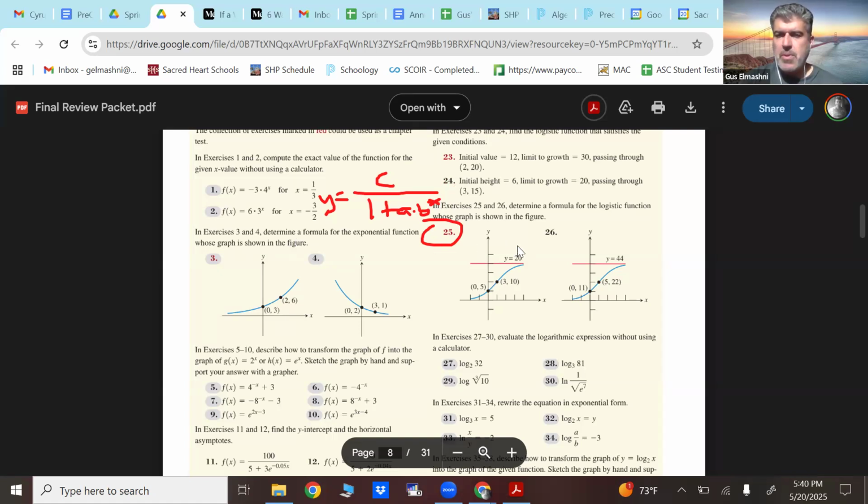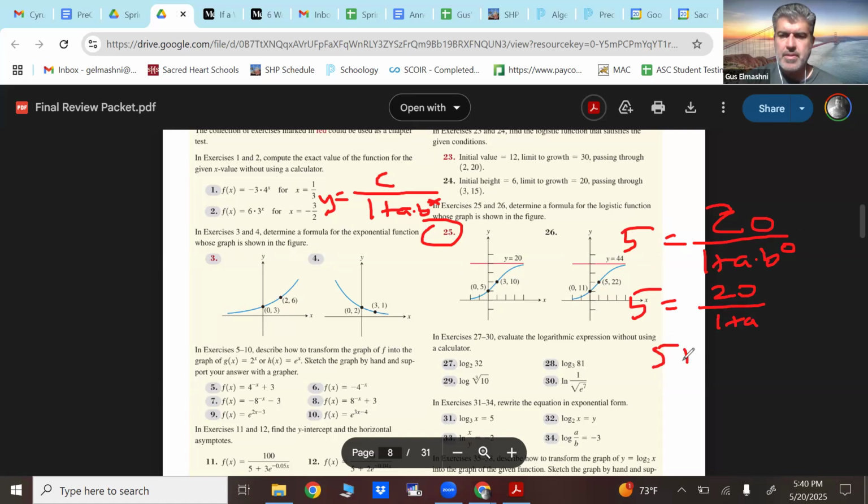So your c value is what we call the limiting factor. So that's going to be 20. So y equals 20 over, with 20 up top. And then I'm going to plug in 0 for x and solve for a. And of course y is 5. That's 1 plus a. Cross multiply.